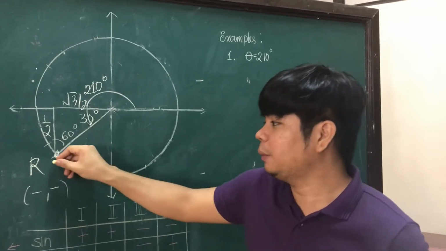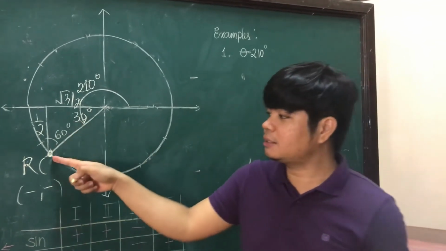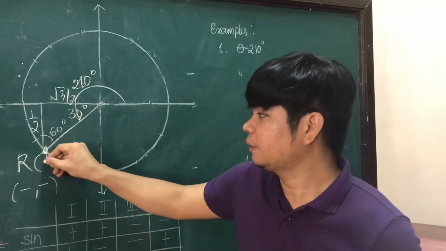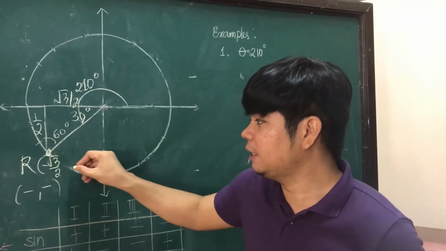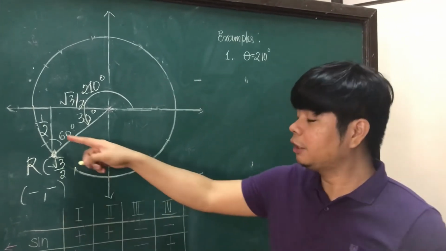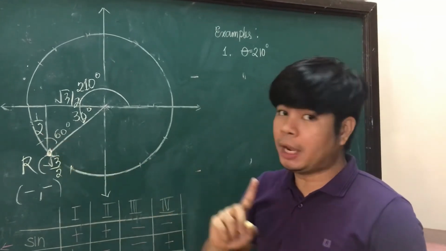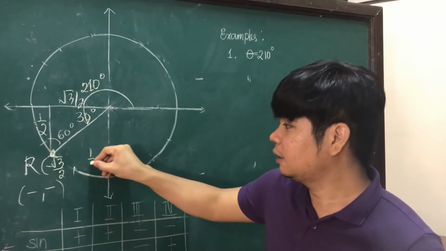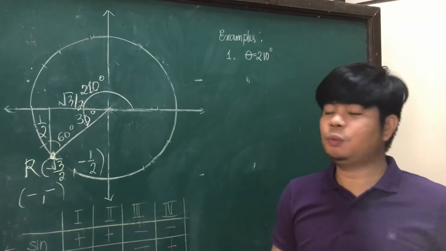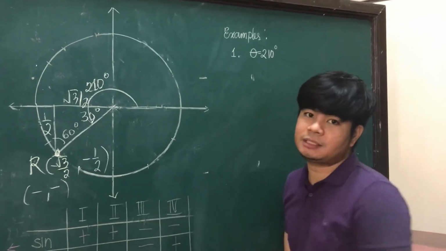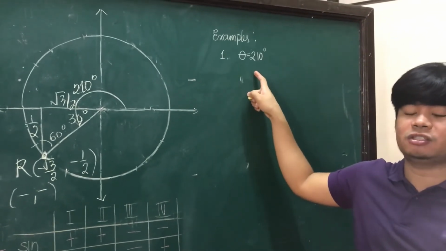Now when we talk about the coordinates, the x coordinate of point R is square root of 3/2, and that must be negative. And the y coordinate of point R is negative 1/2. So what do these two coordinates mean in solving for the 6 trigonometric functions?